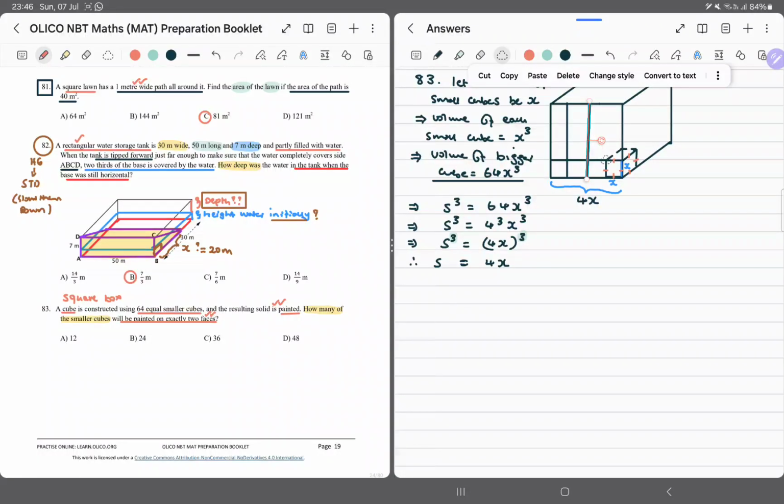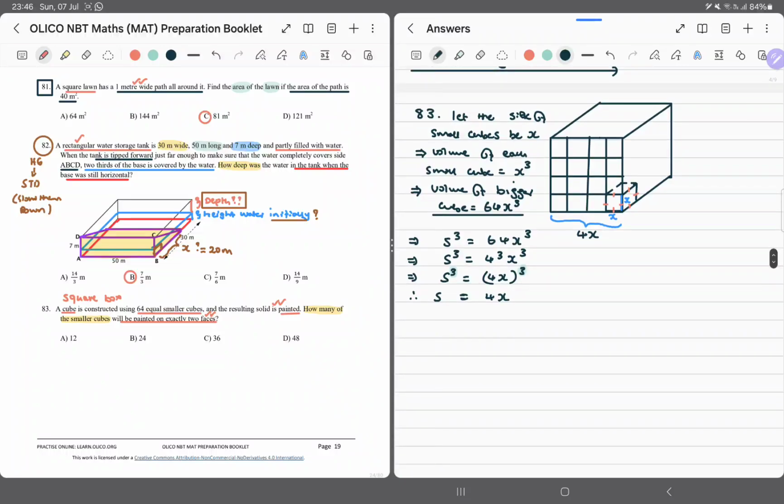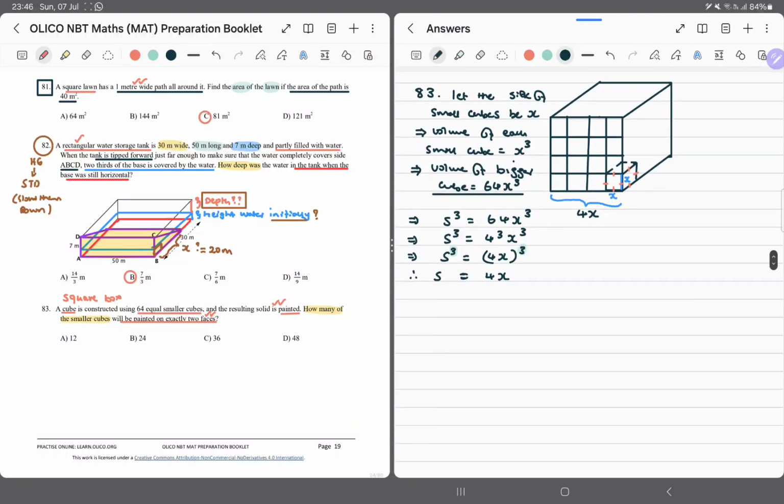So this is what we have, guys. It's all these cubes. There are 4. So this is basically the story being given to us by our determination.